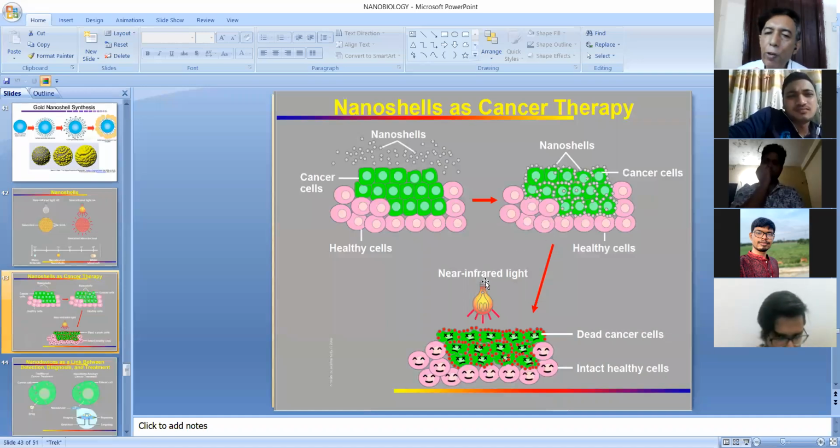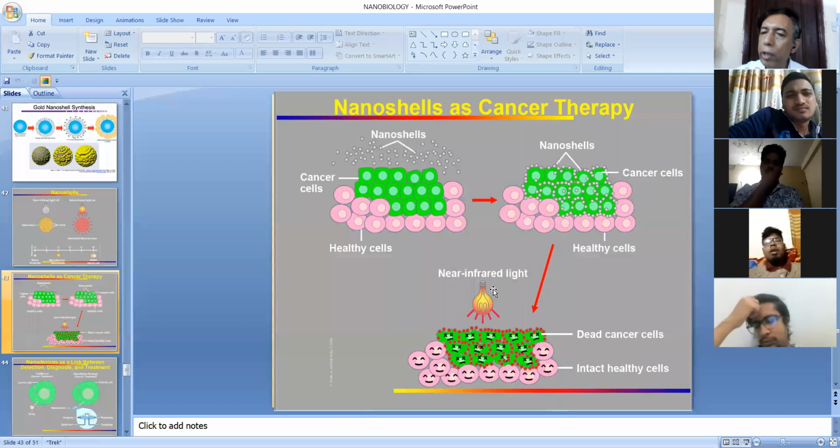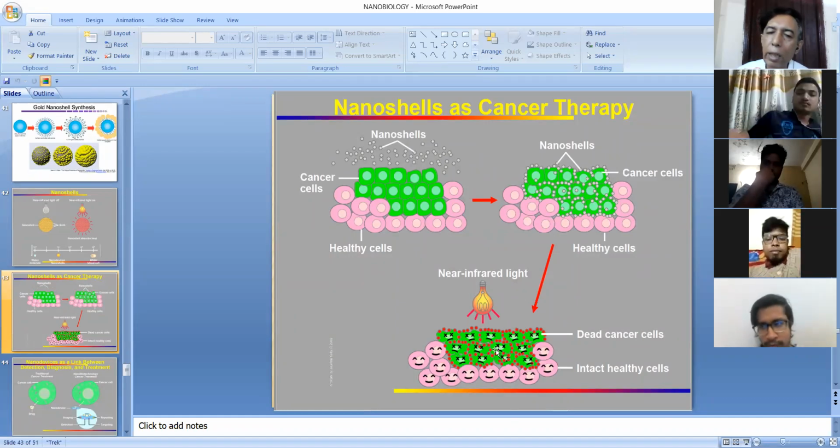And if you treat those cells with infrared light, these nanoshells become heated and will burn all the cancerous cells, but the good cells remain unaffected.